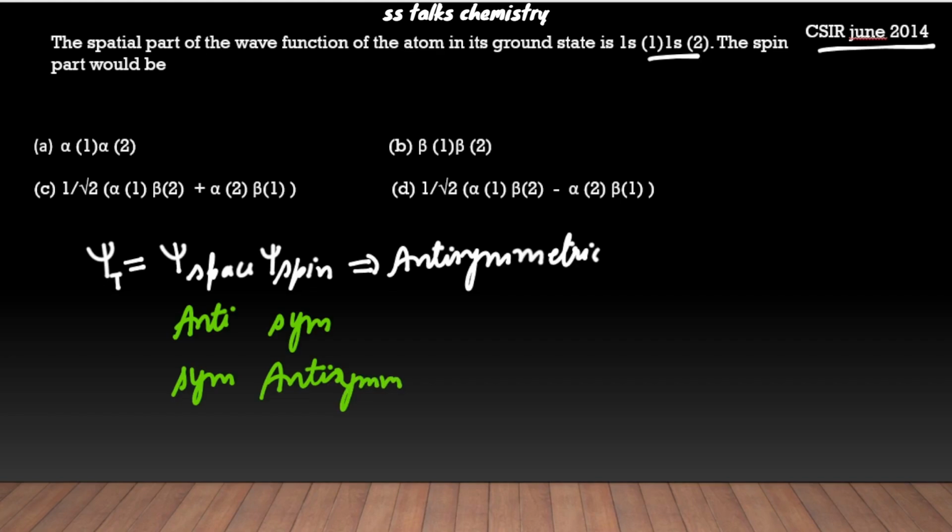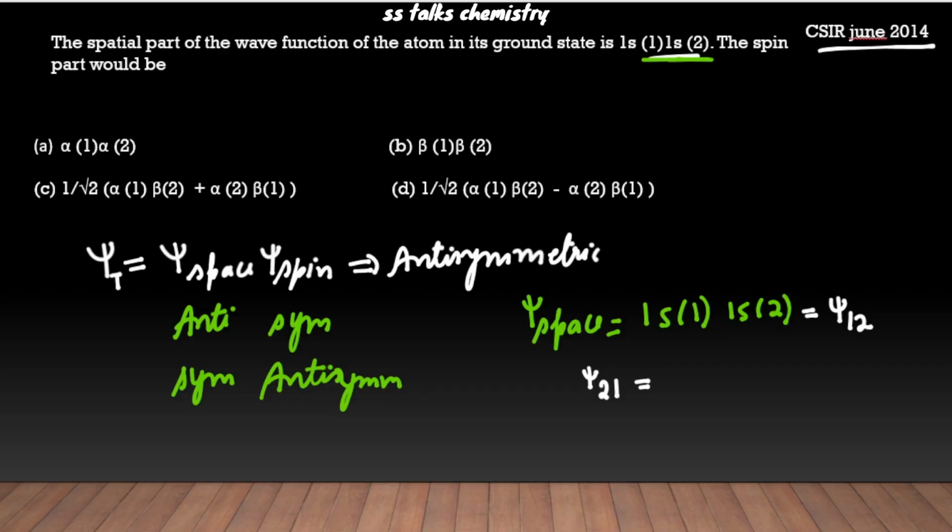So now the given space part of the wave function is 1s1 1s2. So psi for the space part is given as 1s1 and 1s2, right? Now to check if it is symmetric or anti-symmetric, we write this wave function as psi 1 2. Now if I interchange the values of 1 and 2, that means if I write psi 2 1, just interchange the first electron with the second and the second with the first.